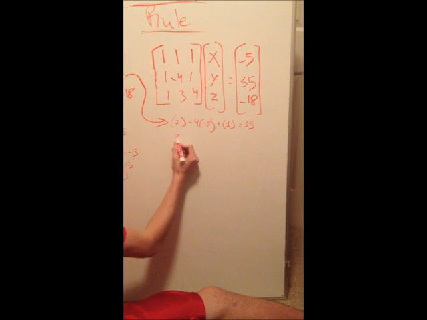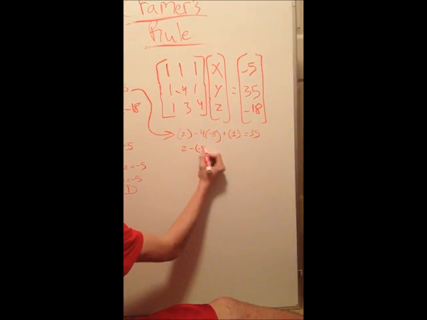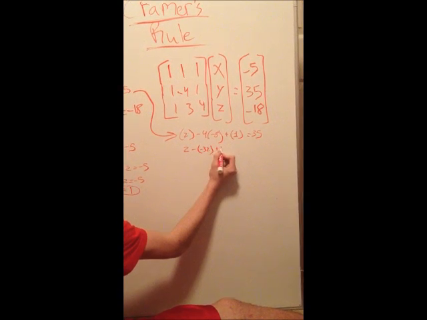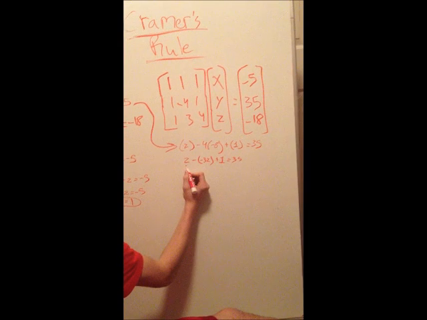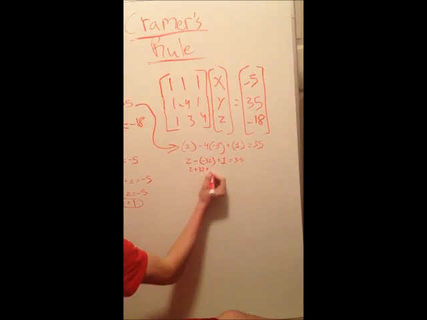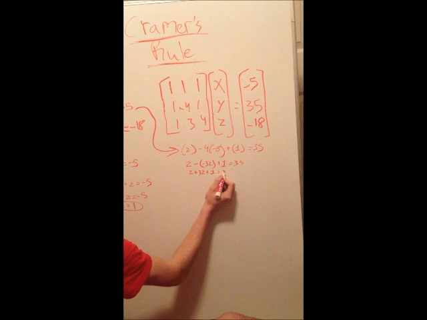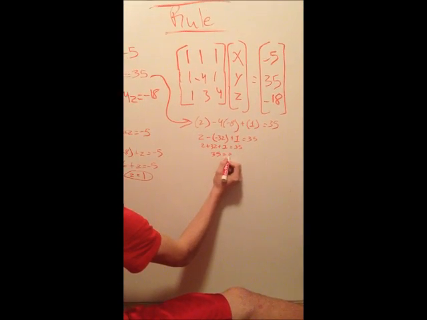And so 2 minus 4 times negative 8 equals negative 32, plus 1 equals 35. And 2 minus a negative equals 2 plus 32, plus 1 equals 35, and 35 equals 35.